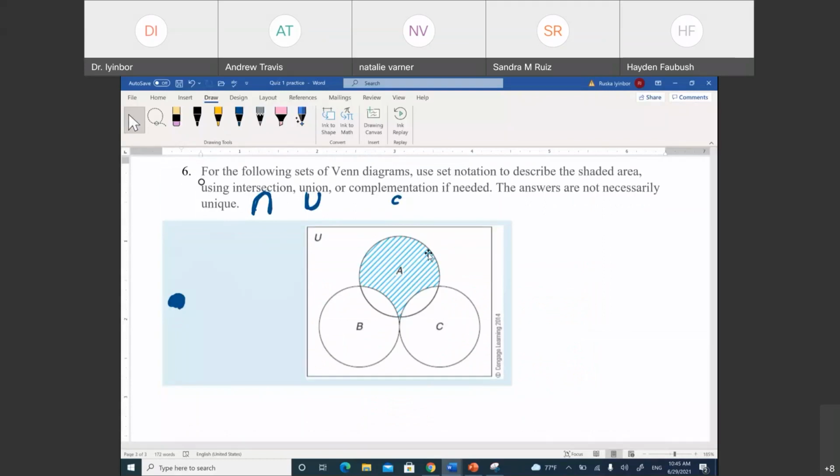So here, looking at this shaded area, how are you going to describe it? It's part of A, but you have to take off this part and this part. How are you going to express this with union, intersection, and complementation? Any ideas?